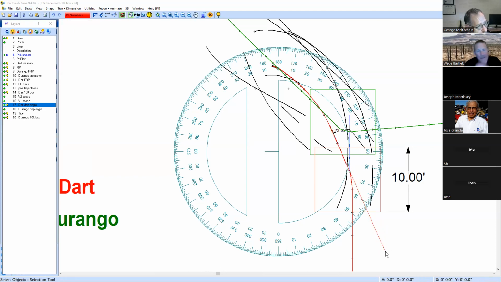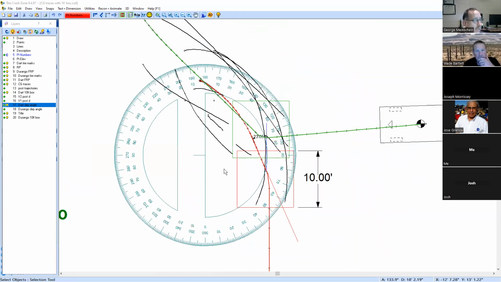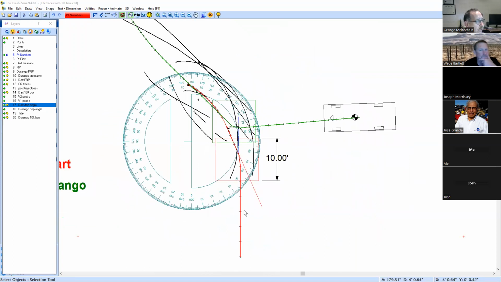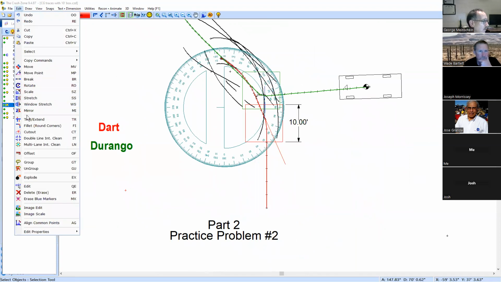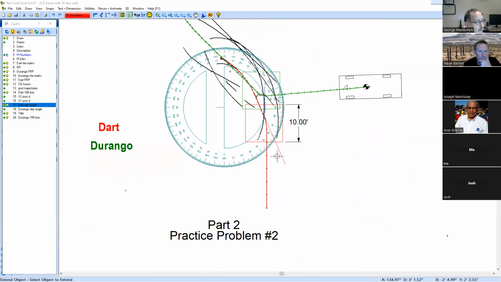Okay. There we go. So now I got a line that's in line with my departure path, let's say. And let's extend that down a bit further. Edit, trim, extend this down to there.